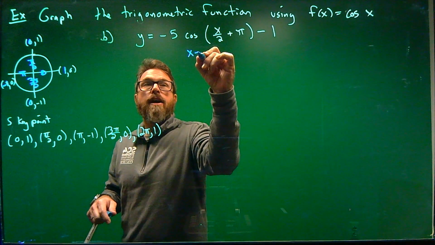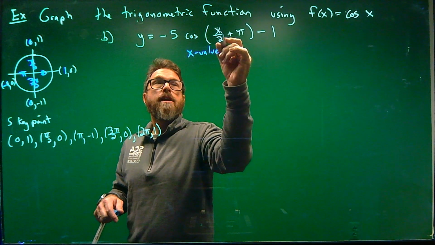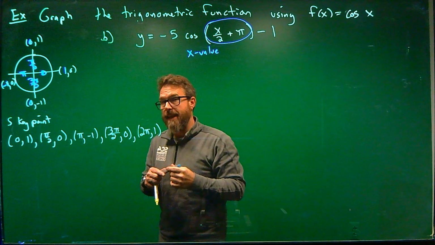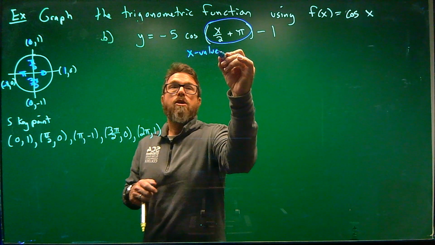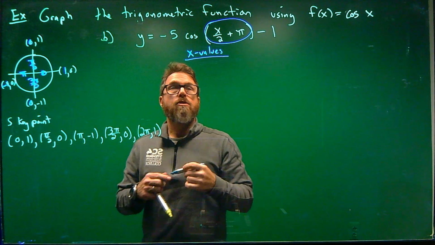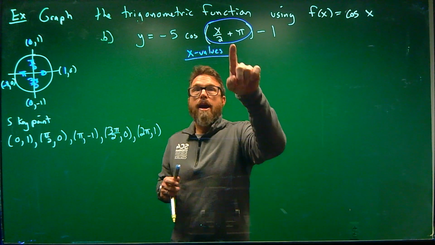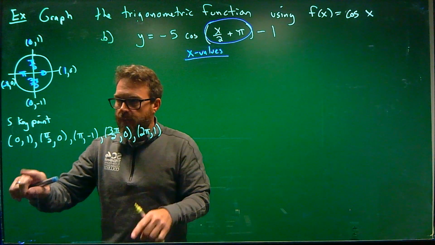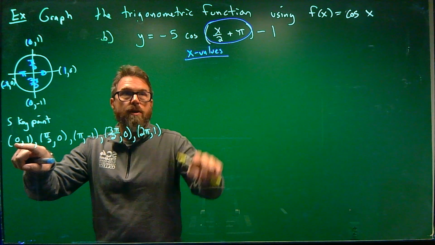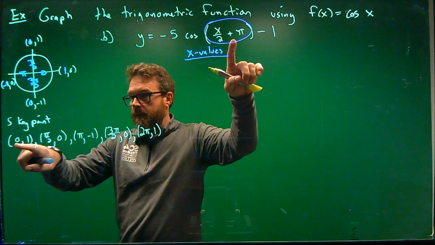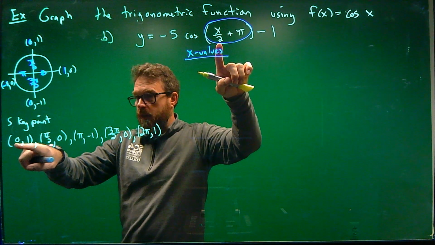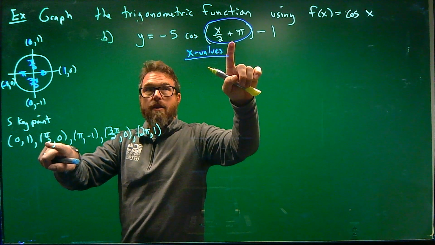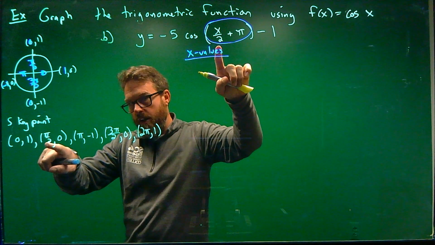So x values. What manipulates the x values is what's inside the cosine function. The angles are going to be your x values. So in order to do the x values, we essentially have to solve this for x. Really what we're doing is solving for x 5 times. If I want to find the very first one, I set this thing equal to 0, and then I subtract pi, multiply by 2. And then I do it again. I'm going to set this equal to pi over 2, subtract pi, multiply by 2.